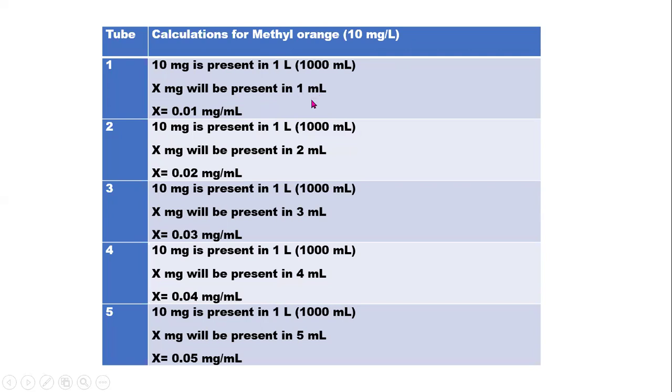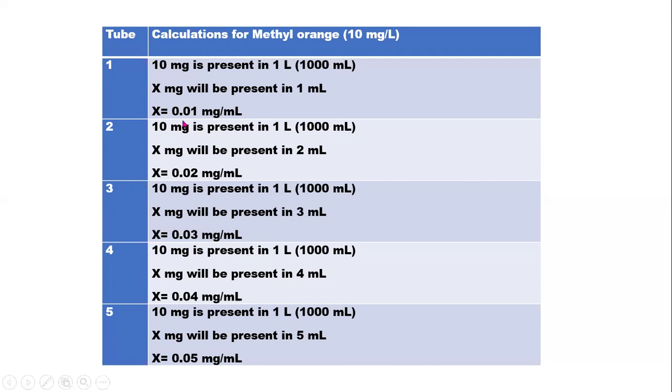You remember, so also for methyl orange, you have tube 1 up to tube 5. Tube 1 is 1 mil of the dye, 4 mil of water. Tube 2, 2 mil of the dye, 3 mil of water. Up to tube 5, which is 5 mil of the dye, 0 mil of water. So you have your entire tube containing the dye.